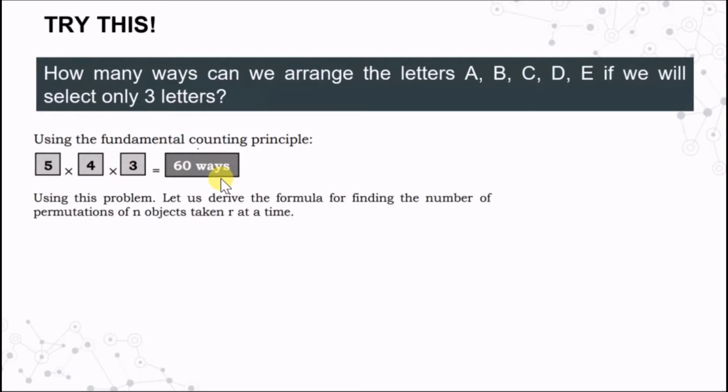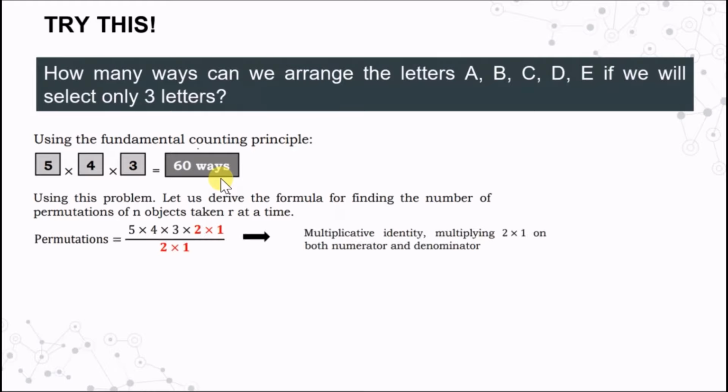Again, to get the permutation of n objects taken r at a time, we use the fundamental counting principle. We started with 5 times 4 times 3, but at this point, we multiply both numerator and denominator by 2 times 1, and we arrive at 5 factorial over 2 factorial, which is in factorial notation as long as you end with the last part of times 1.